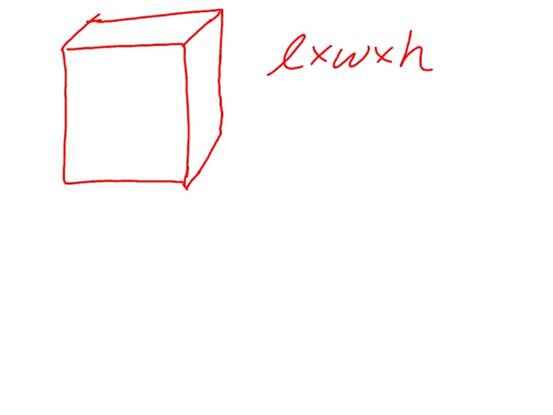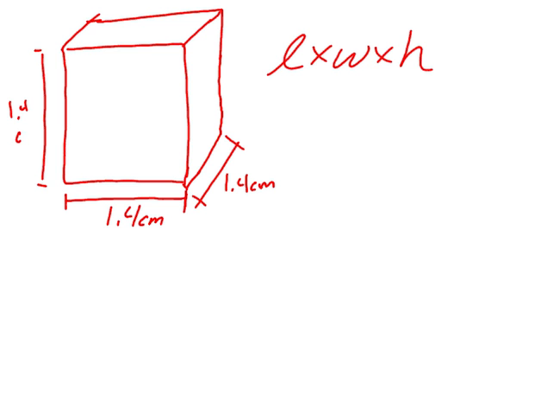In this case, for this cube they'd all be the same. So let's say from here to here was 1.4 centimeters, which means this is also 1.4 centimeters, and this is 1.4 centimeters.